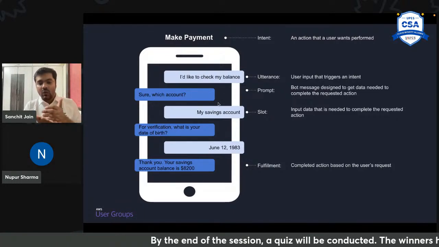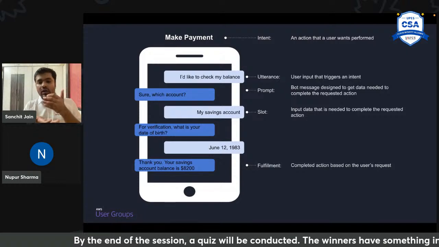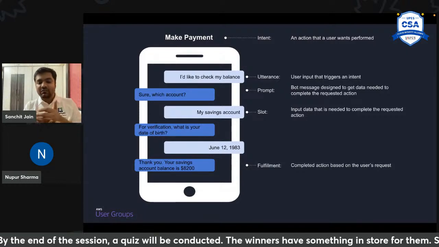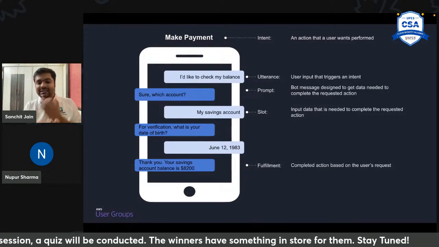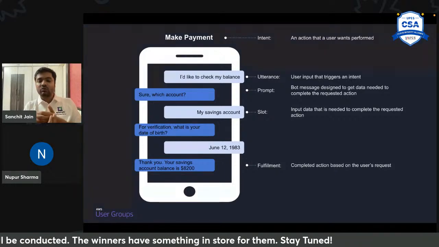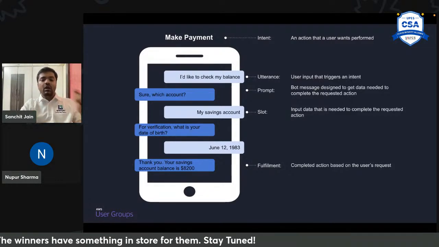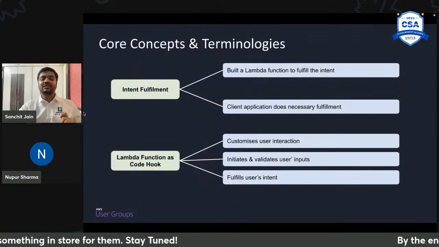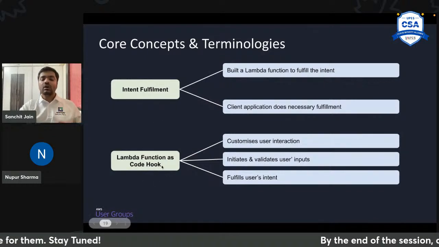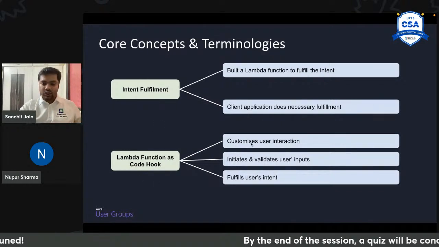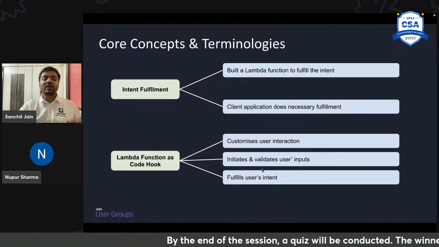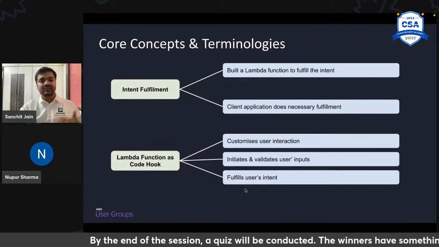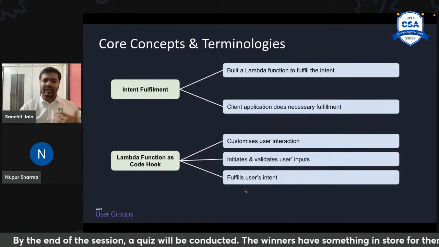When I say my saving account, is the number given the right account number, or is it some fraud number? When it asks for date of birth, is that the right date of birth tied to that account number? So that validation at each and every stage of user input is done by the Lambda function as a code hook, where you customize your user interaction, initiate and validate user input, and fulfill the user intent. You can do any of these three actions, which you will see in the slide.